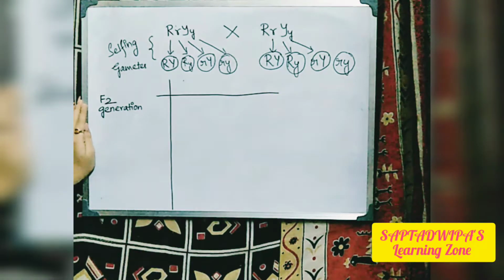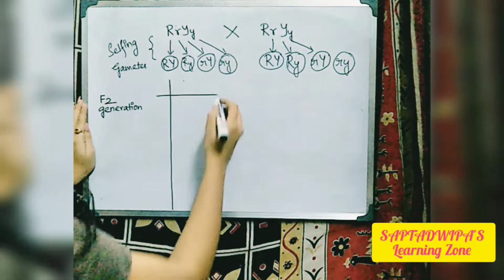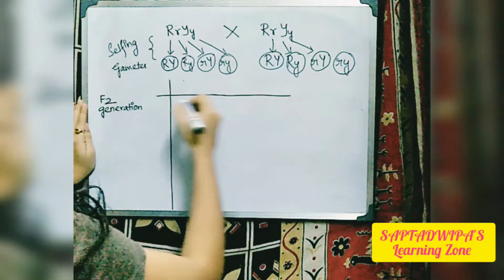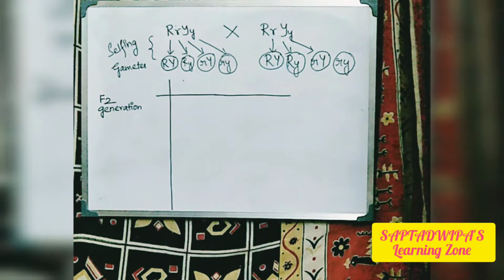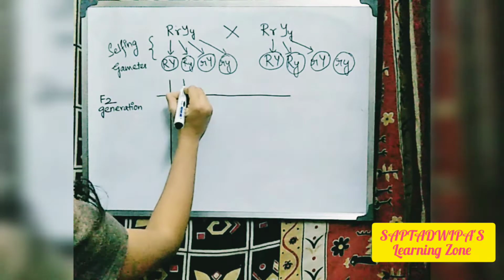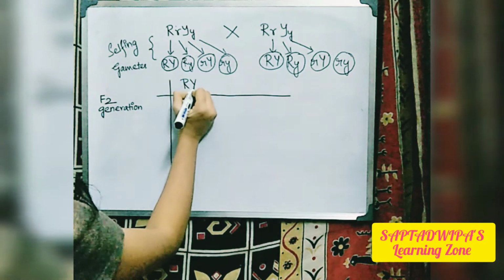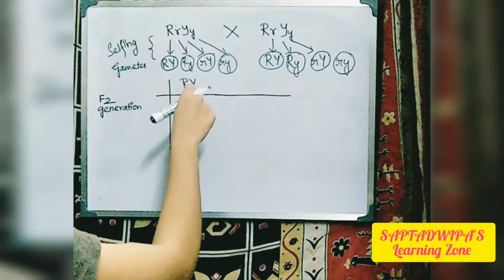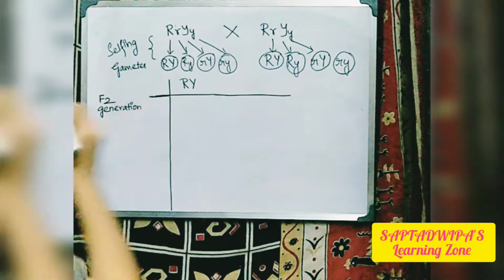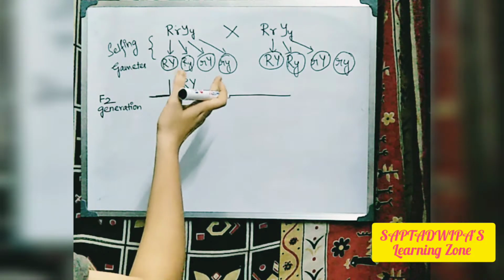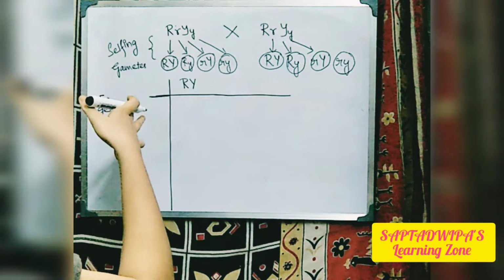I'll try to draw it a little bit straight, though it's not happening. Here it's a Punnett square. Here RY, one gamete. Whatever we are going to write here, we are going to write on this side also.